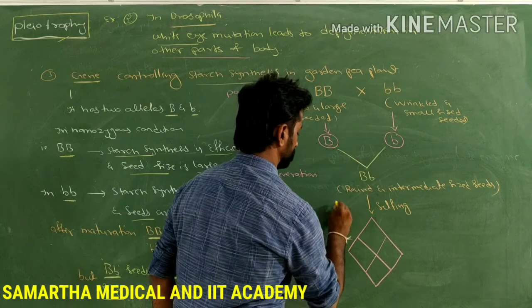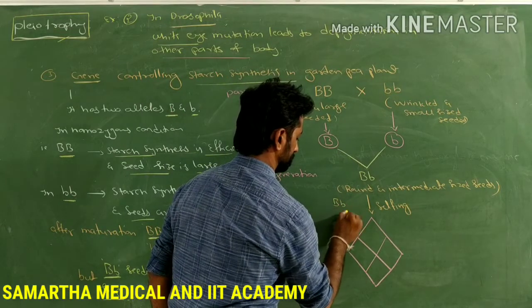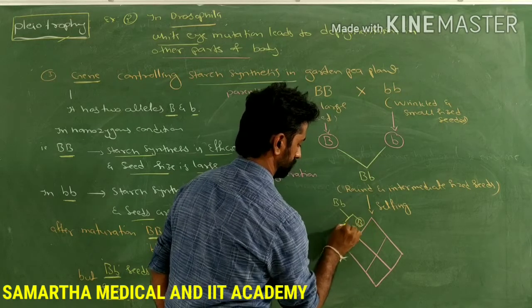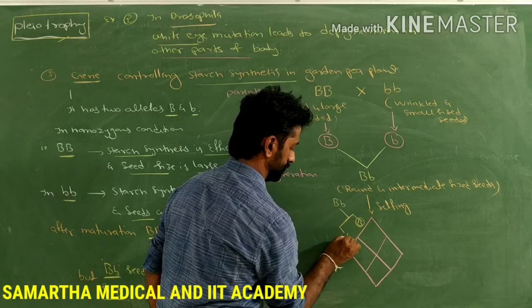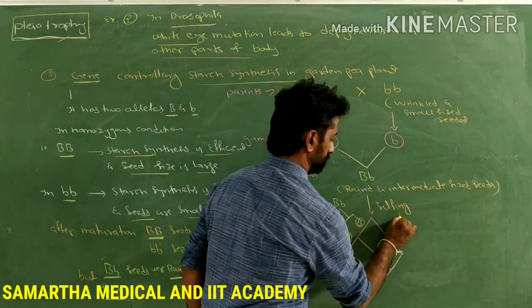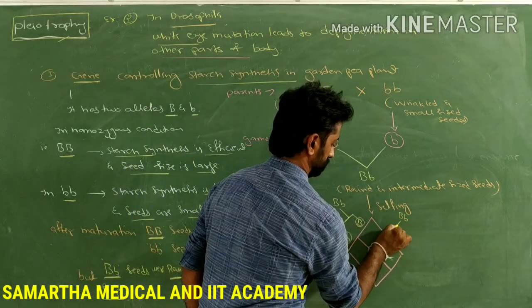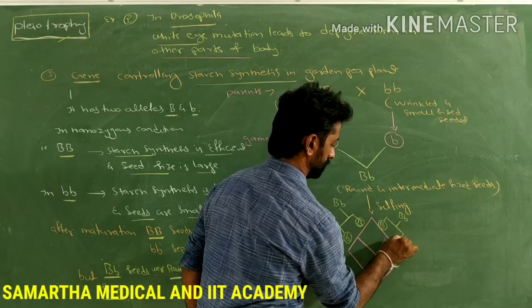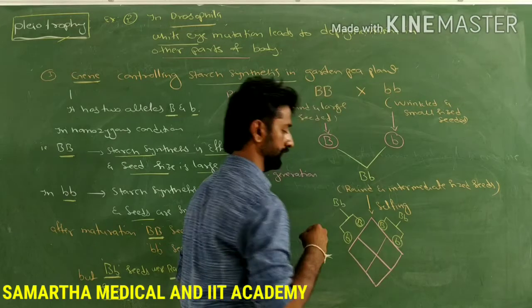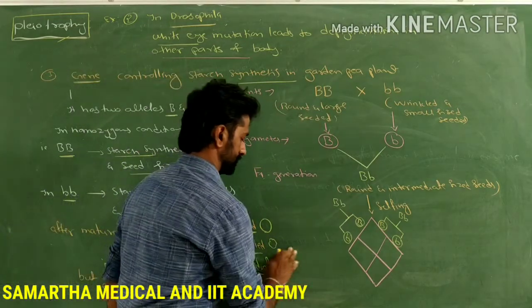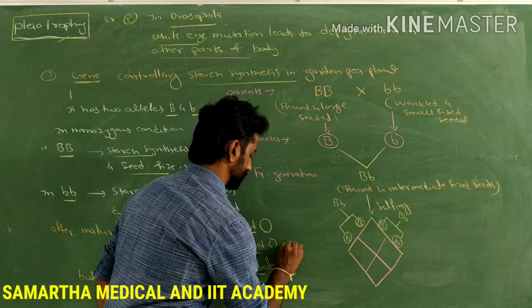Here the gametes produced, one is the dominant allele containing gamete, the other one is the recessive allele containing gamete. Similarly, the other parent also produces a dominant allele containing gamete and a recessive allele containing gamete. At this stage, let's write the F2 progeny now.